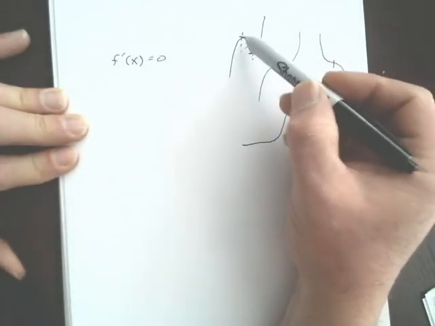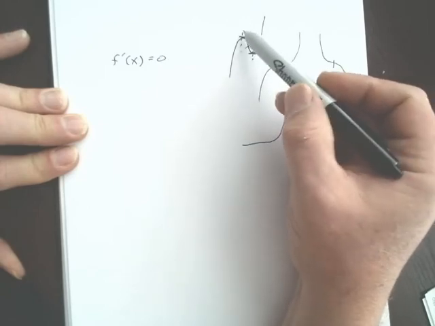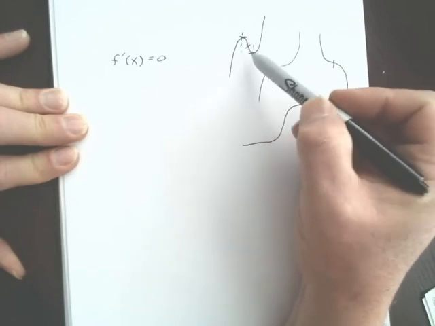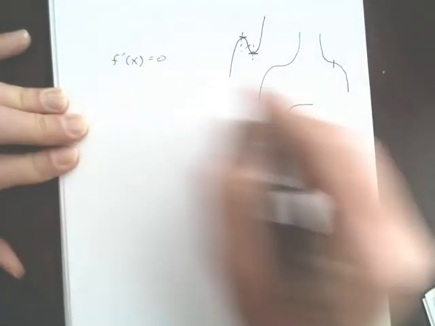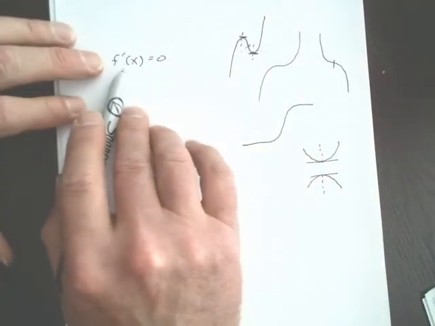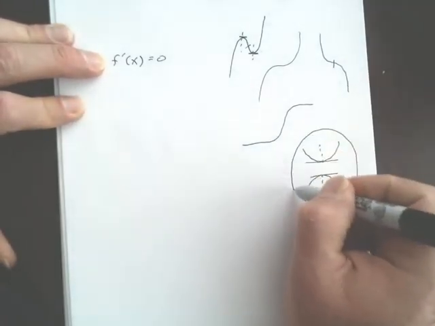So it's going to give us two values through the quadratic formula for these x coordinates for the maxes and mins.